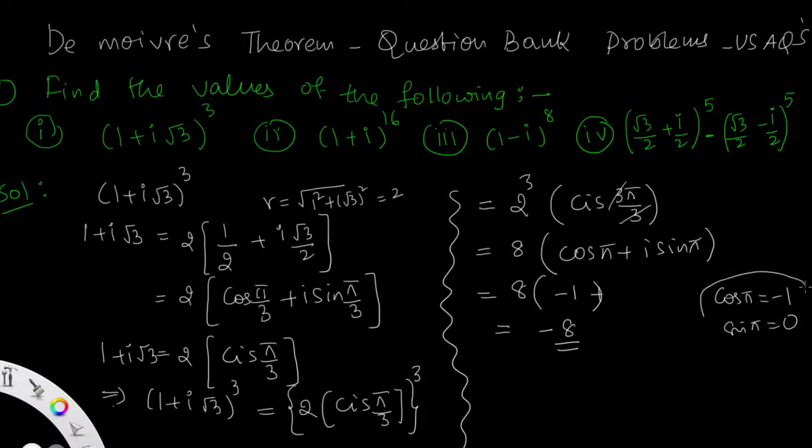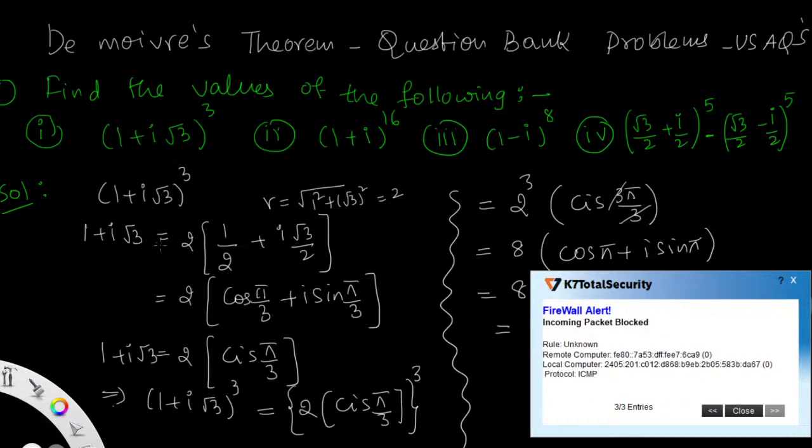These are basic rules. First convert any complex number into Demoivre's form. Let us consider 1 plus i root 3. Multiply and divide with 2. Why?